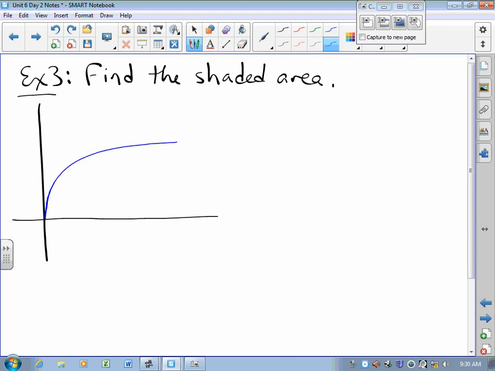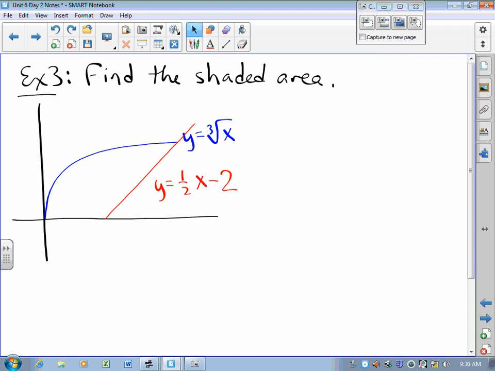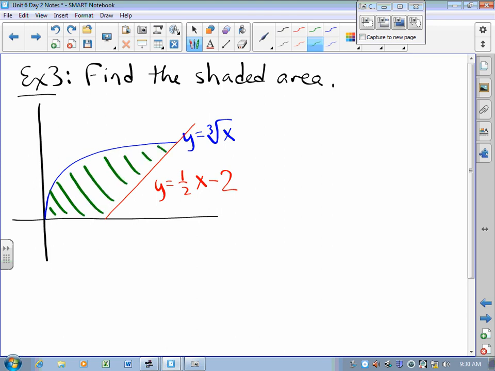We're going to have y equals the cube root of x, and we're going to have y equals 1/2 x minus 2, and I want that area. Now that's a tougher go.